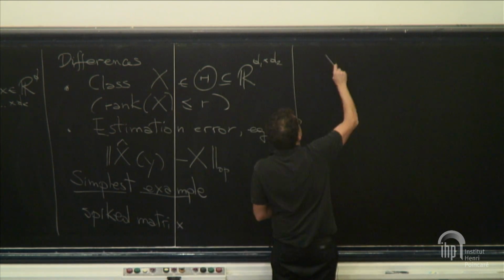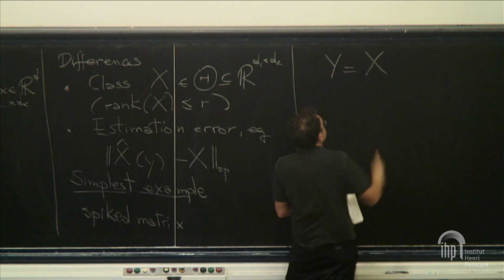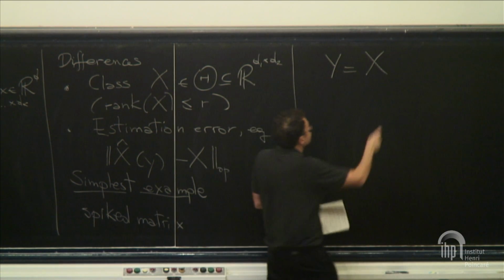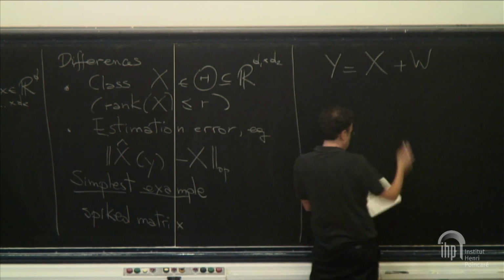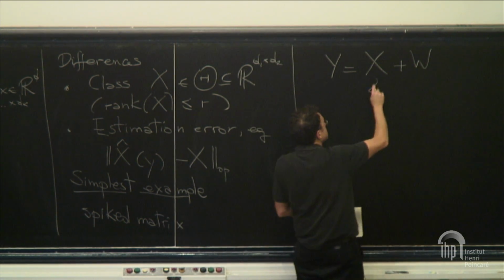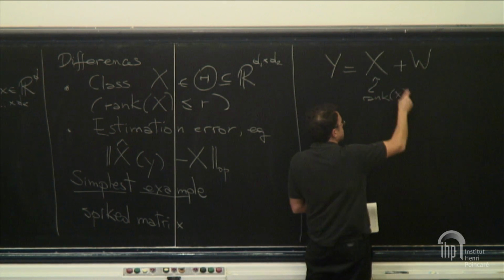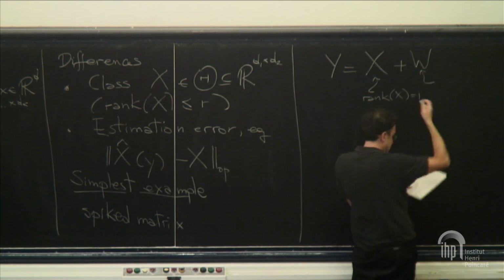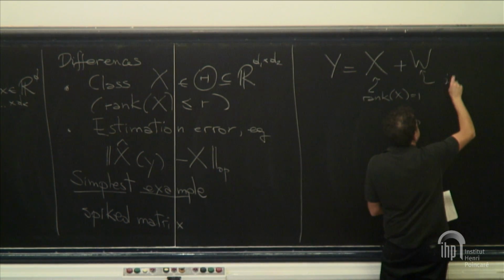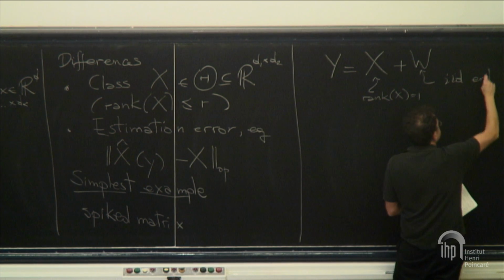This is a very simple problem in which you have a matrix X and you observe just X plus noise. Okay? And a simple assumption is that the rank of X is 1, and the noise has, for instance, IID entries.